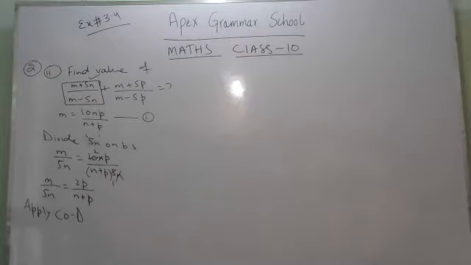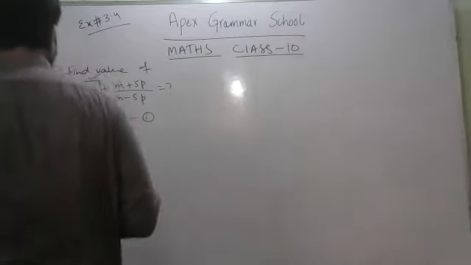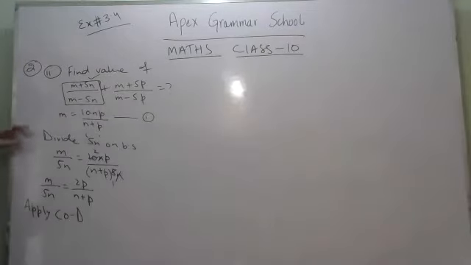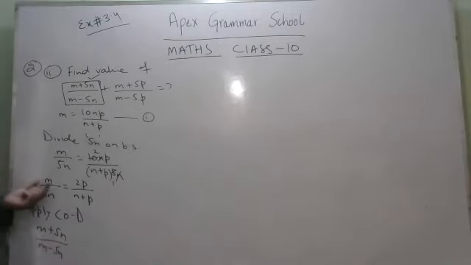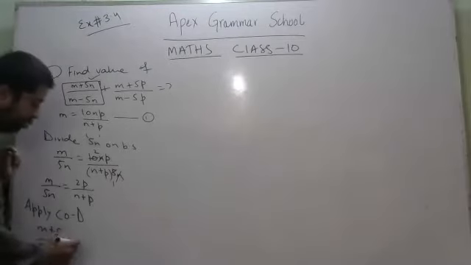Firstly, you can apply the positive and the negative. You can apply the negative first and the positive after that, but it is according to our requirement. (m plus 5n) over (m minus 5n): numerator plus denominator divided by numerator minus denominator is equal to the same for the right hand side.